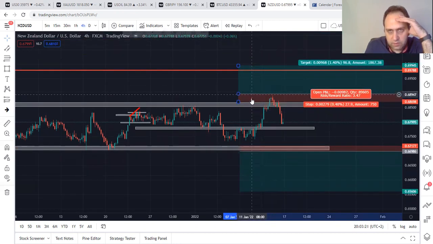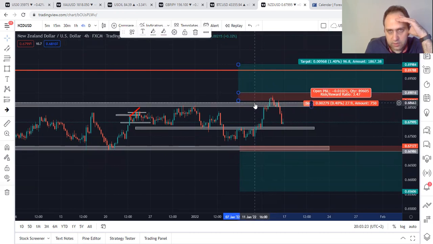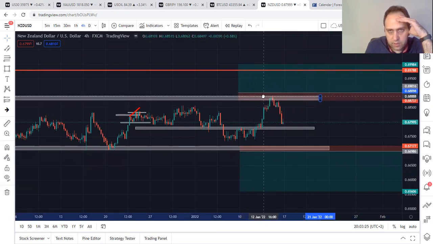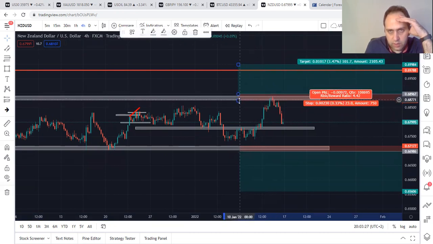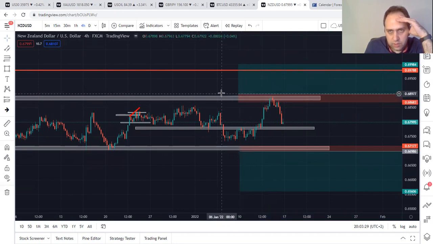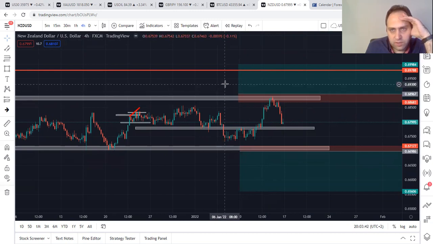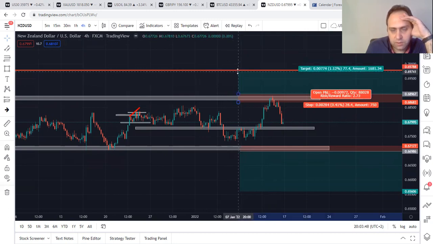Now we have this buy here. We have a higher resistance. Okay, and the buy now will be 0.6897, stop loss 0.6873, TP1 6907, TP2 6930, TP3 6950, and TP4 6973.